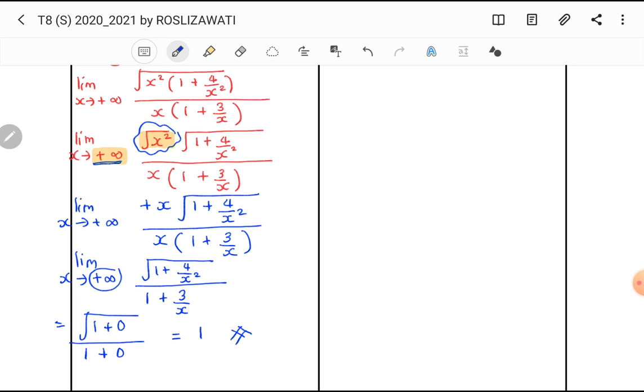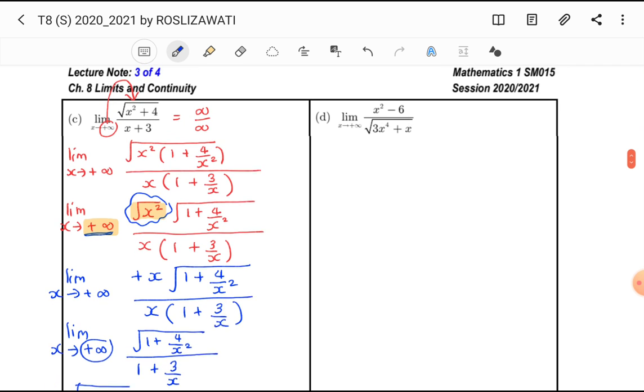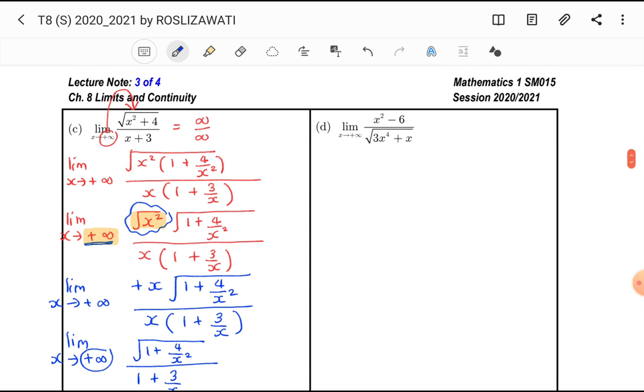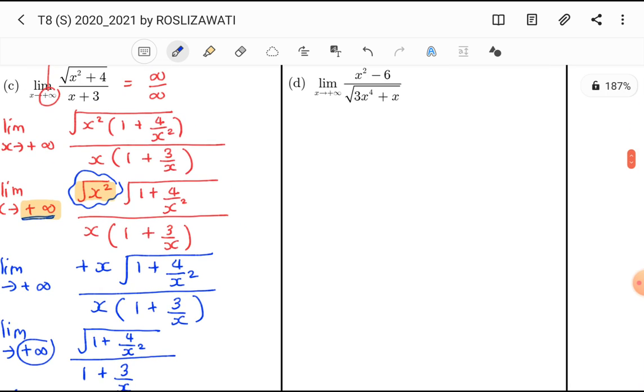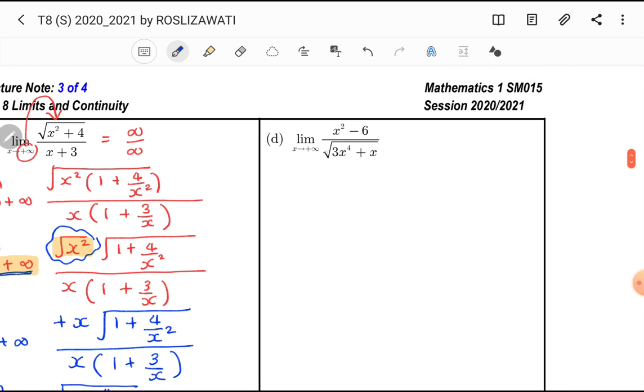Okay. So we go to the next part, part D. So kalau awak ganti, awak akan dapat infinity over infinity. So now kita akan factorize the numerator and denominator.